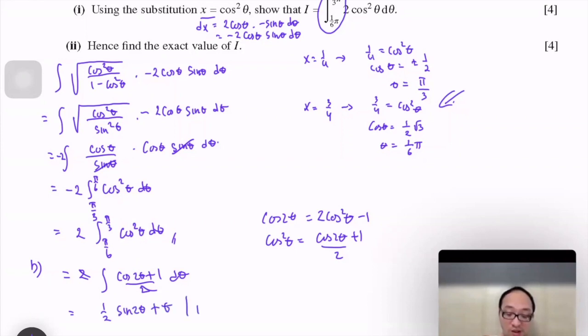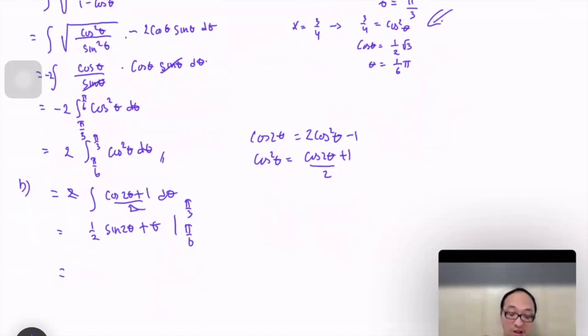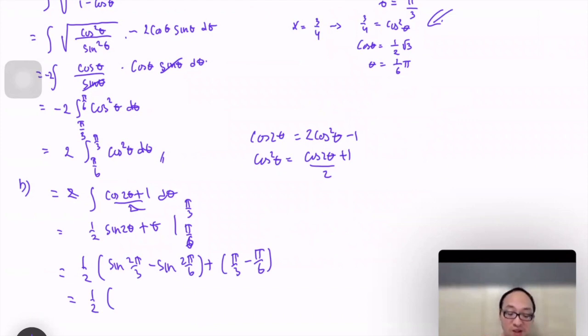Put the border pi over 6, pi over 3. So this equals half sine 2 pi over 3 minus sine 2 pi over 6 plus pi over 3 minus pi over 6.